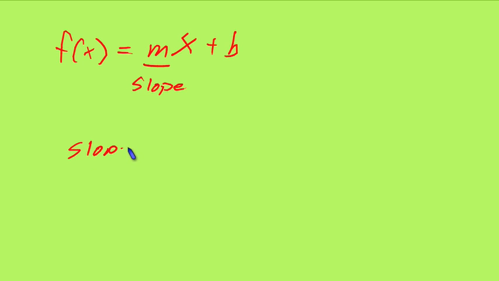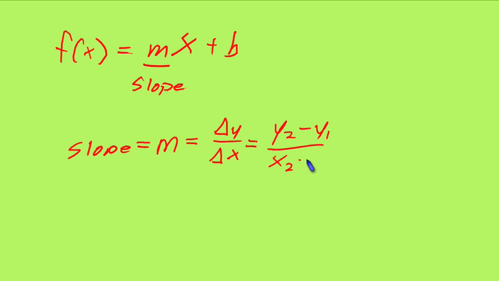So I'm going to really try to emphasize this and explain it as clearly as I can, even though I'm sure you've all seen this before. Mathematically, it is defined as the change in y over the change in x, which the formula becomes y2 minus y1 over x2 minus x1.